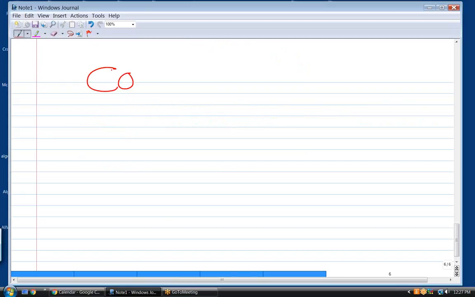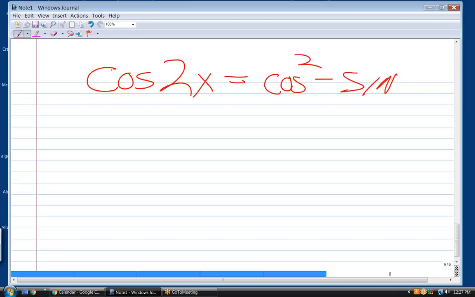Same with cosine of 2x equals, what's the first one? There's cosine squared minus sine squared. That's the one you need to go backwards on. The other two, you're probably good just being able to go forwards on them.